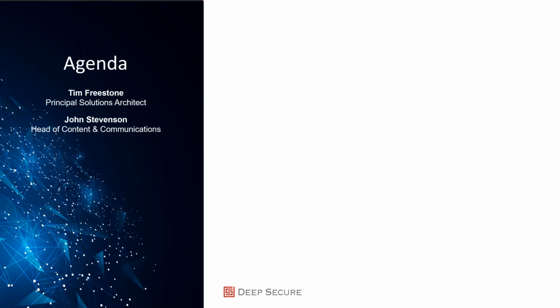My name's John Stevenson, and with me today is Tim Freeston, Principal Solutions Architect at Deep Secure. In this webinar, we're going to have a look at cross-domain security. Our focus is going to be looking at how you can safely exchange data between trusted and untrusted domains.